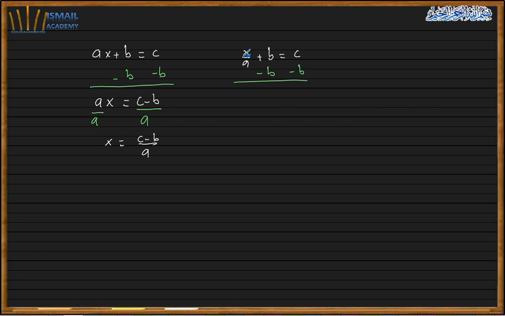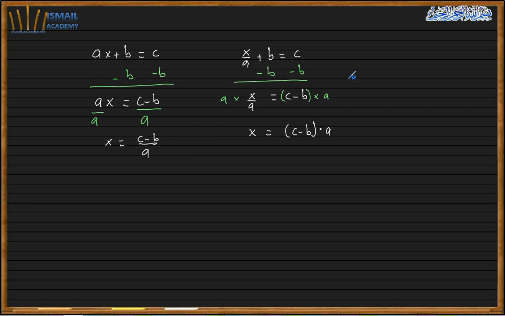Same thing here, we end up having x over a equals c, and then I multiply.